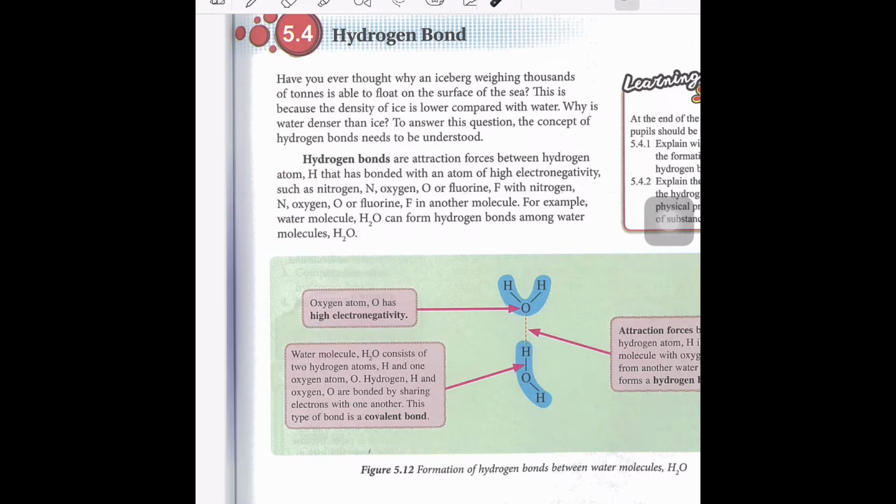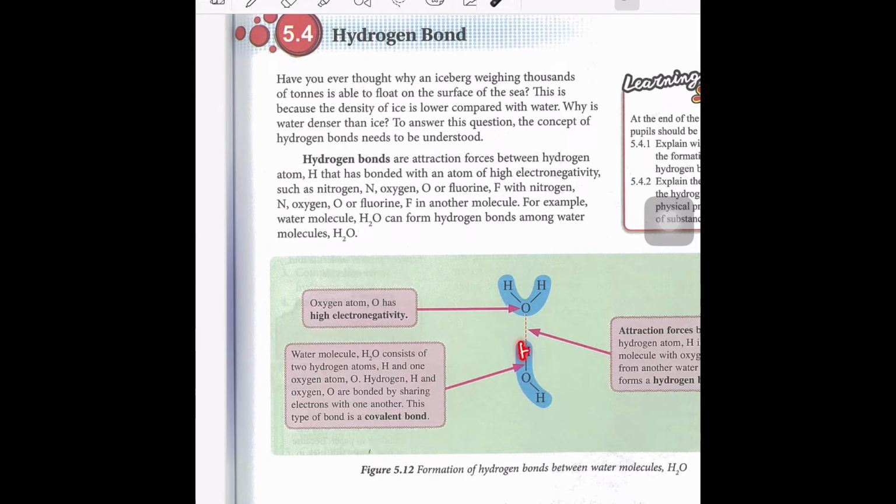Dalam gambar ini, contoh yang digunakan adalah H2O, air. Tapi hydrogen also can form bond dengan, selain daripada O, juga dengan N, juga dengan F. Jadi contoh di sini yang ditunjukkan adalah air dululah.